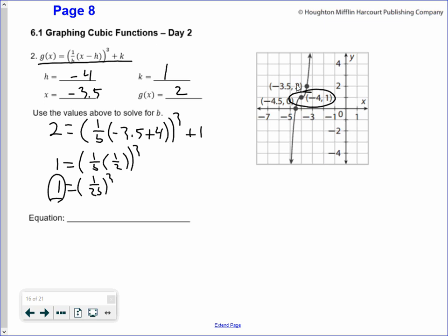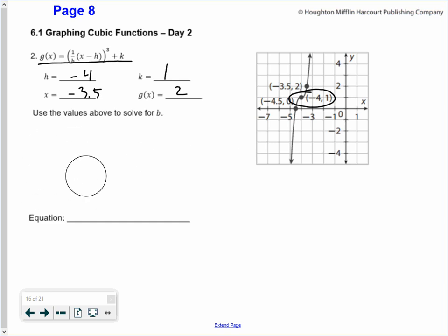The way I would solve it, though, is I'll use the transformation rule. Remember that these 2 points on the side, this negative 4.5, 0 and this negative 3.5, 2, are our reference points transformed.